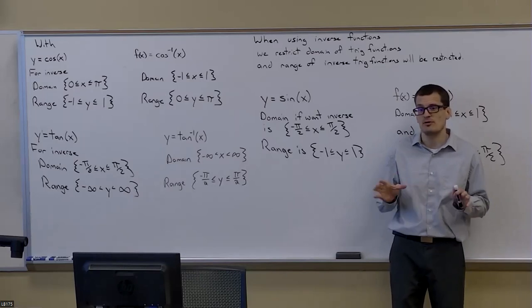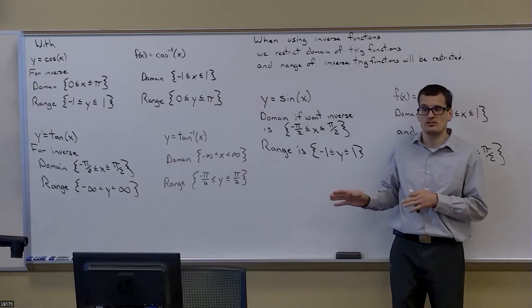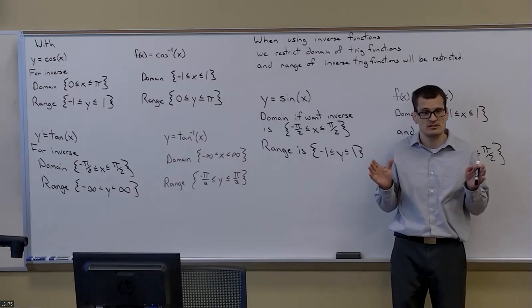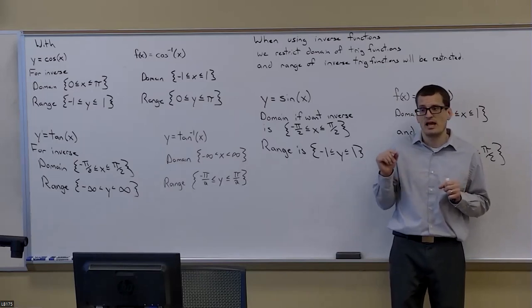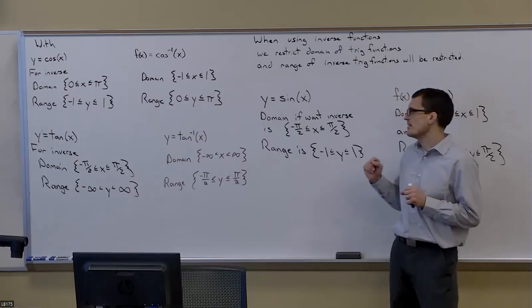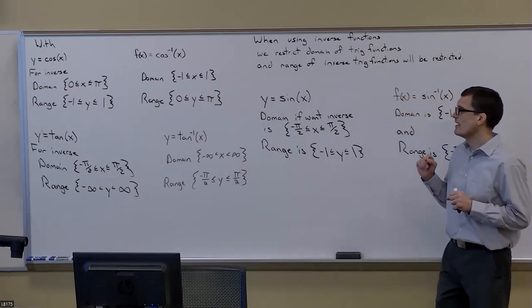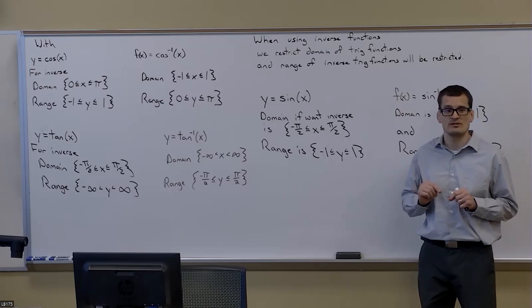And that's the important part. The important part is the output of the inverse function is going to be restricted to a certain range. Okay. And that is really, really important to know.